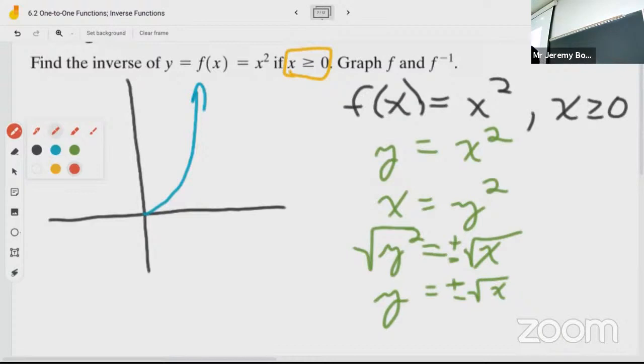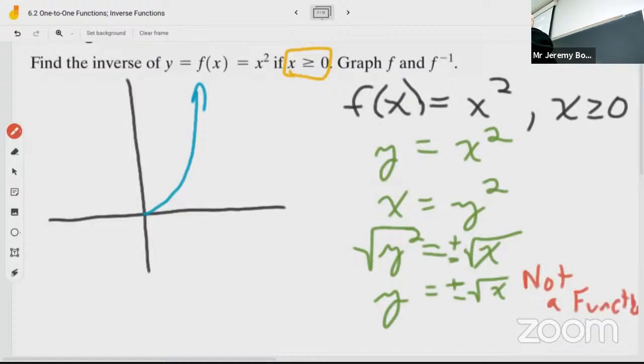It's not. If I put in 4 for x there, the square root of 4 is 2, so y is going to be plus or minus 2. That's not a function, because if I put in a value for x, I get 2 different outputs. So at this point, this one is not a function.